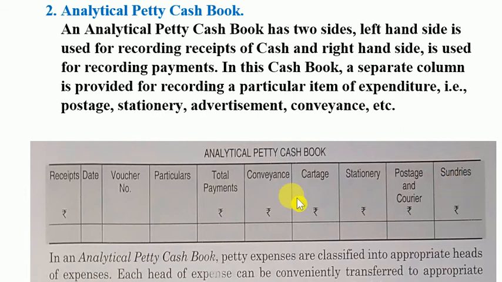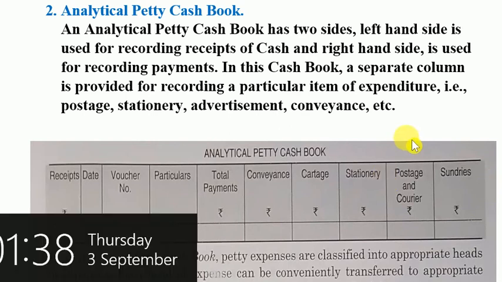Because we cannot record refreshment in conveyance, cartage, stationery, or postage or courier, isn't it? So except for these, all other expenses will be recorded in the sundry column. I hope you have all understood the specimen or format of the petty cash book.